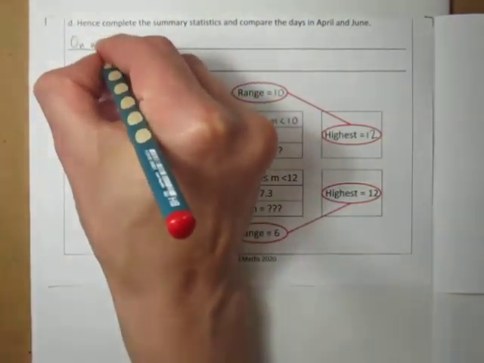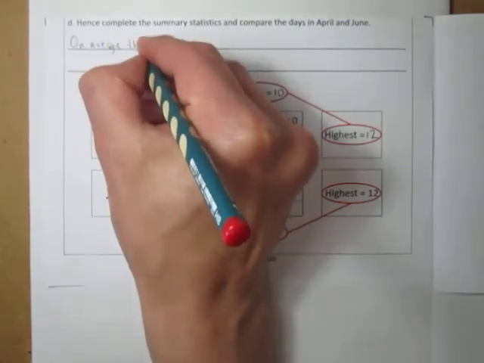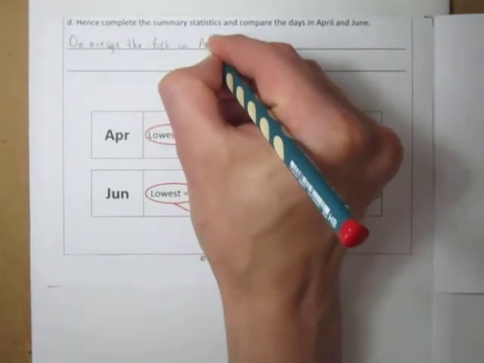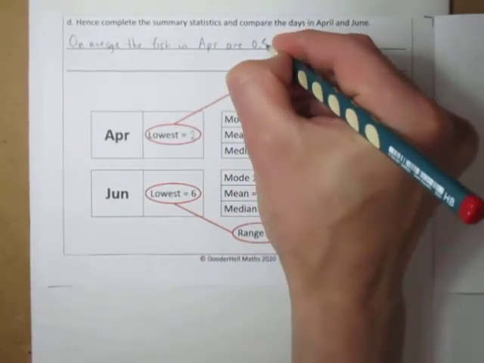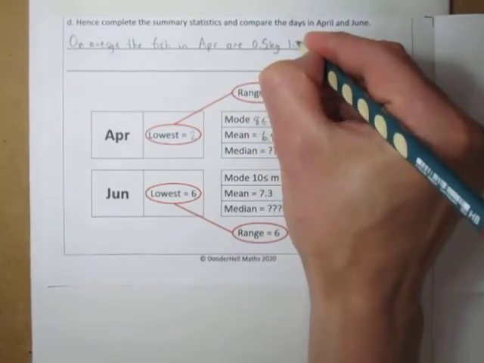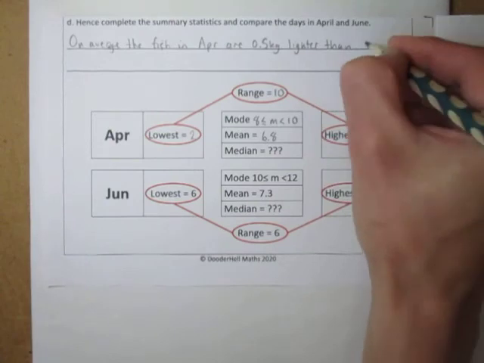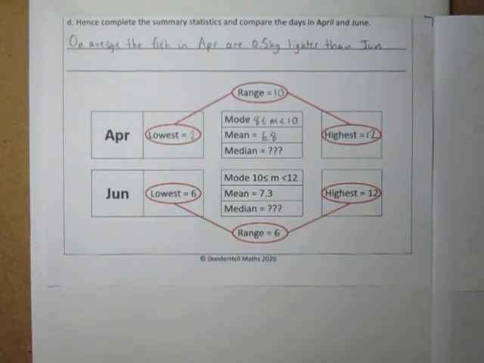On average, the fish in April are 0.5 kilograms lighter than June. And that is my comparison of the measure of location.